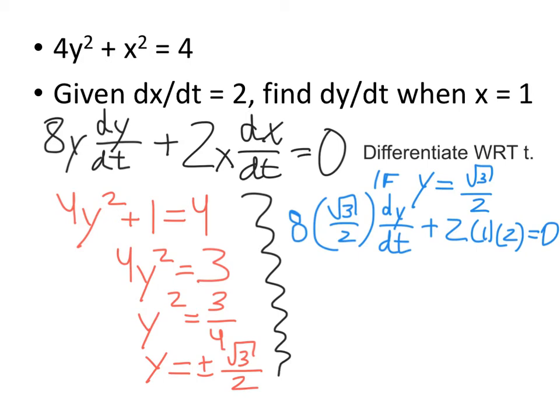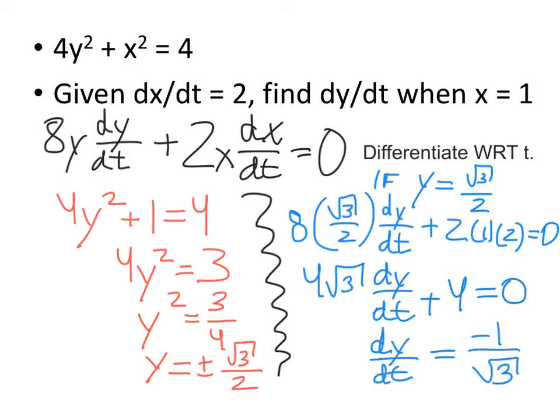So I have 8 times square root of 3 divided by 2, which I could also write as 4 square root of 3, times dy/dt, plus 4 equals 0. And by subtracting 4 from both sides and then dividing both sides by 4 square root of 3, you get that dy/dt equals negative 1 divided by the square root of 3.